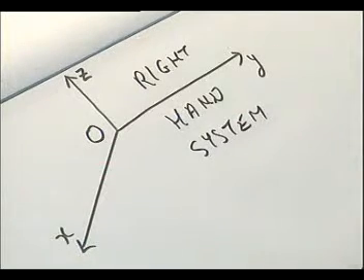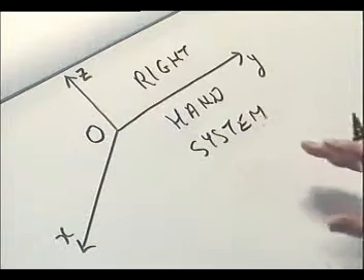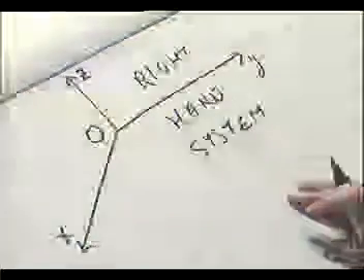Now, how can we work out what is a right-hand system? Take your right hand and hold it like this. Middle finger, forefinger, and thumb at right angles. This is the x-axis, the middle finger. This is the y-axis, the thumb.